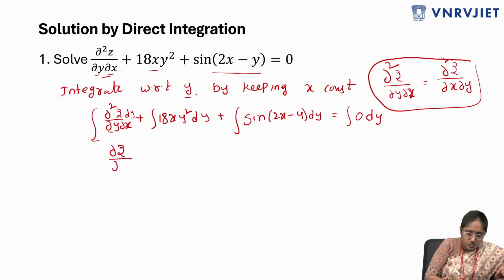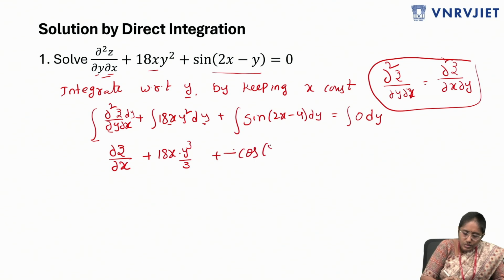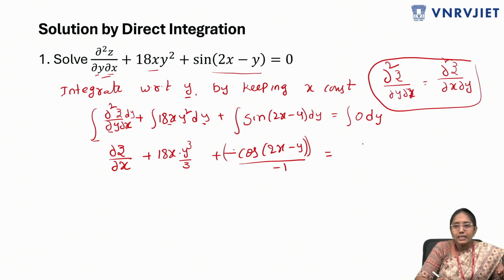You will get del z by del x plus, we integrate with respect to y by taking x as a constant, 18x into integral of y square, that is y cube by 3, plus integral of sine, that is minus cos of 2x minus y divided by the y coefficient, that is minus 1, is equal to an integrating constant.